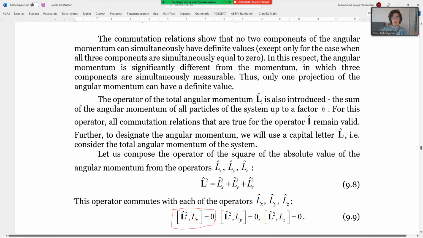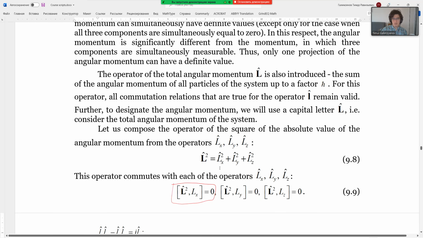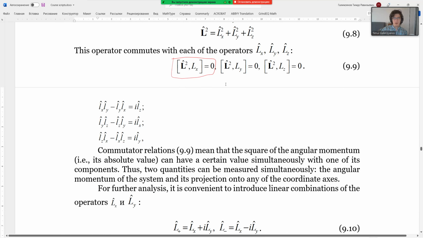Later we will work with the large letter L, denoting the total angular momentum. It holds the same commutation relationships, but it is more useful to work with large L because people usually work with systems of particles. So try to prove this commutation relationship.